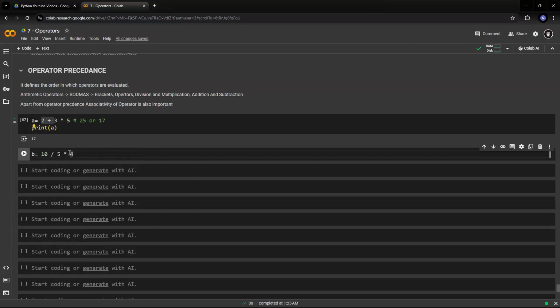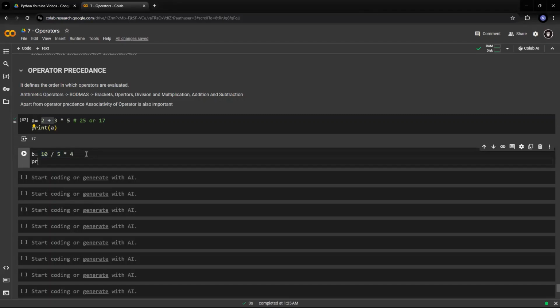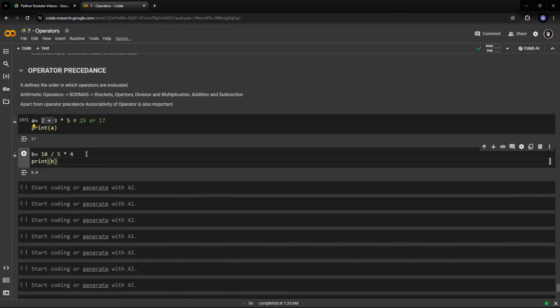However, the left to right associativity rule performs the division first and then the multiplication. So it performs 10 divided by 5, which will be 2, and then it will multiply 2 by 4. So the answer of B should be 8. It starts from left to right as per the associativity rule.